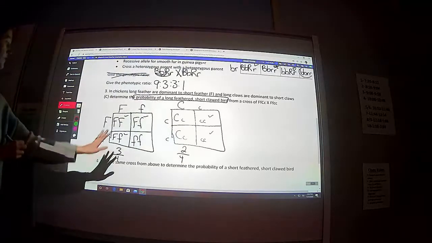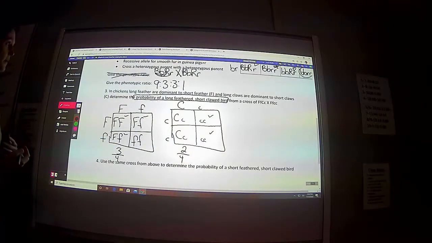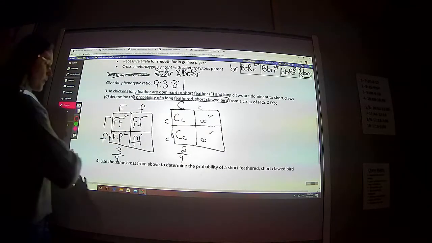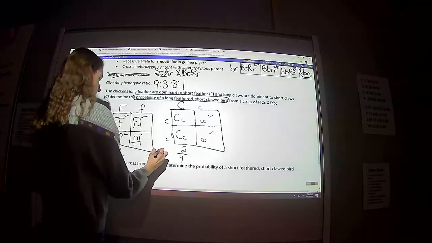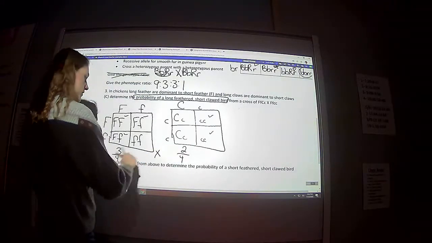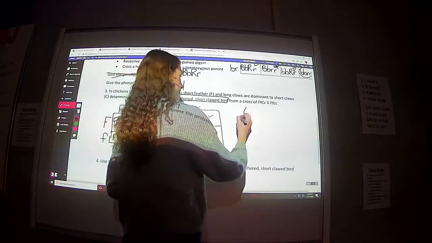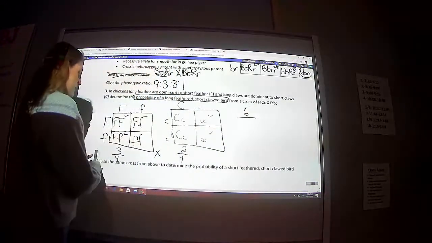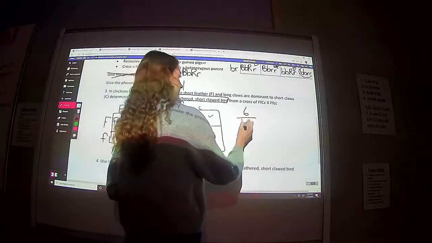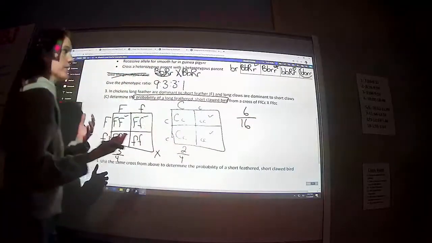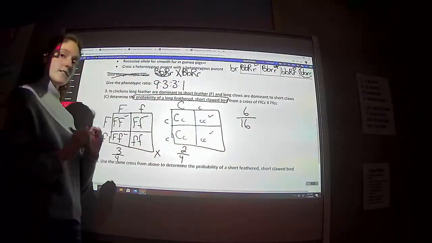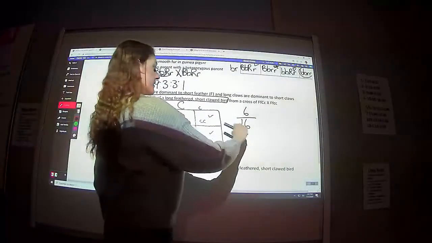So I have 3 out of 4 and 2 out of 4. Now what I'm going to do is multiply straight across. So I'm going to take 3 times 2, and I'll get 6. And I'll take 4 times 4, and I'll get 16. So if I were to have done a dihybrid cross, I would have had 16 blocks. So that's where this 16 is coming from.